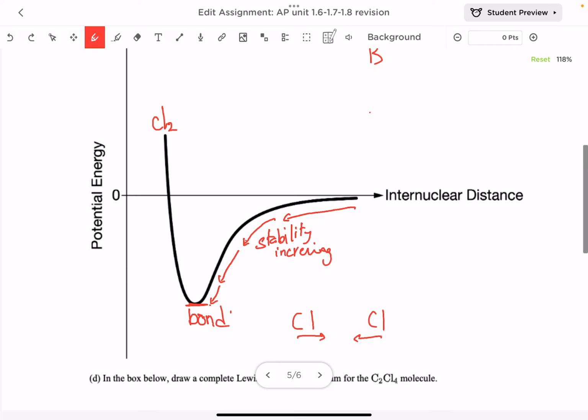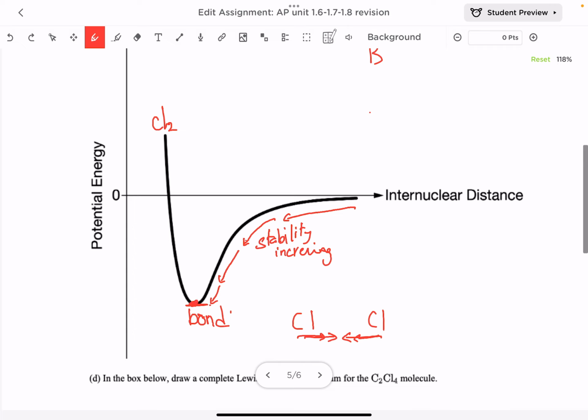Their nuclei cannot be any closer than this distance from each other. So as Cl and Cl approach together, this is the closest their nuclei can be. And therefore here they start sharing electrons.